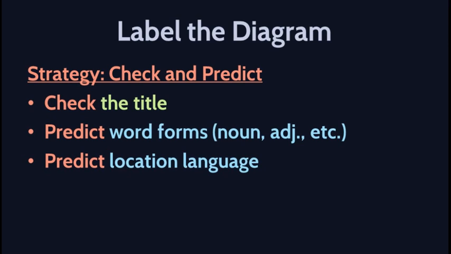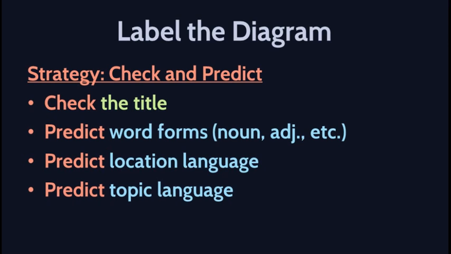And remember, as always with predictions, you're not necessarily trying to predict the correct answer. If that were the case, the exam would be too easy. There's usually no way to predict what the answer will be, but it's a way of actively preparing to listen. It's a way of preparing your brain to hear the right possibilities.